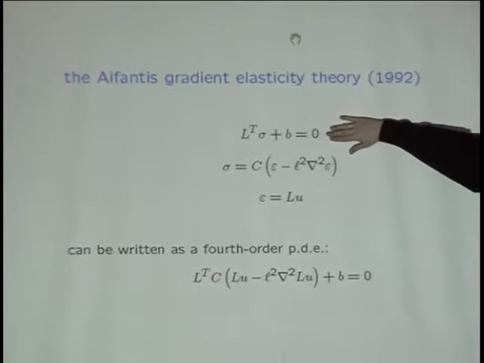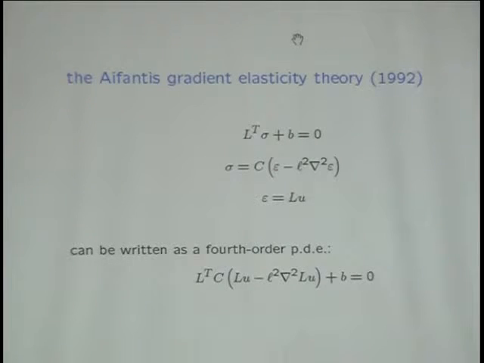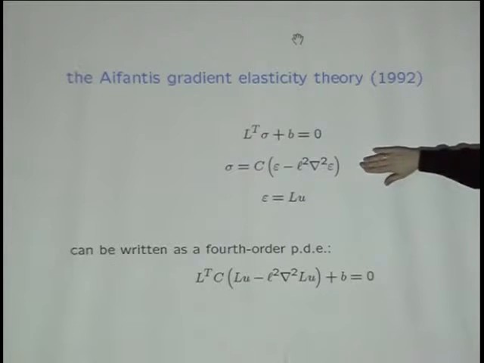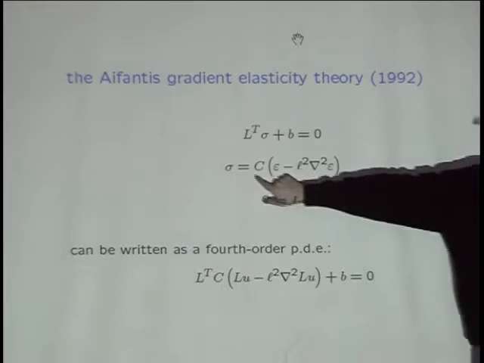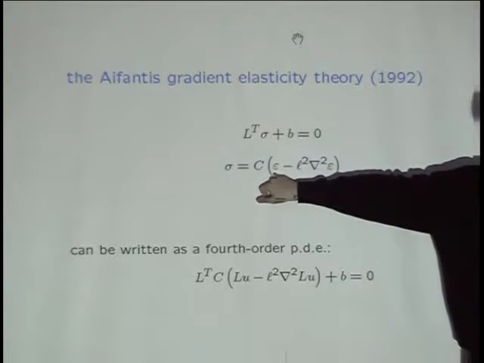We've got the standard equilibrium equation. L is a differential operator. I don't know what kind of notation you're used to, but say in my area we often call it L. Stresses, sigma, and body forces, b. Now, the enrichment takes place in the constitutive equation. So usually you would have stress equal to constitutive tensor times strain epsilon.